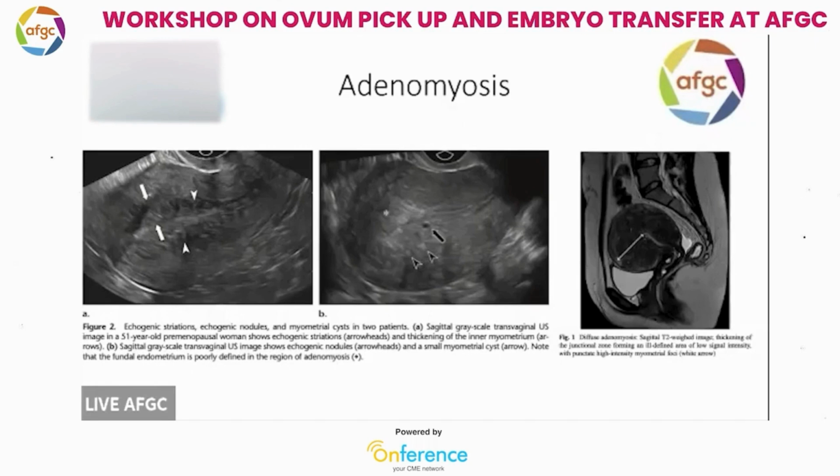However, the disadvantage of 3D and color is that you need special equipment and you need special expertise and training for 3D and color. So in adenomyosis, as you see, in this the zone is thickened and it is globular with cyst inside, and how the MRI is giving more clarity as we move on.